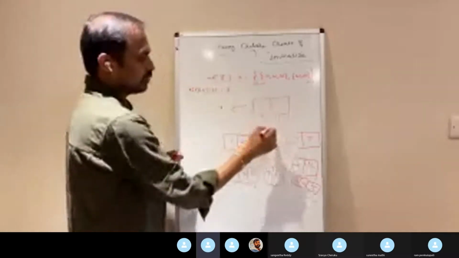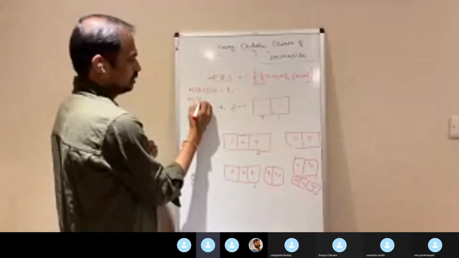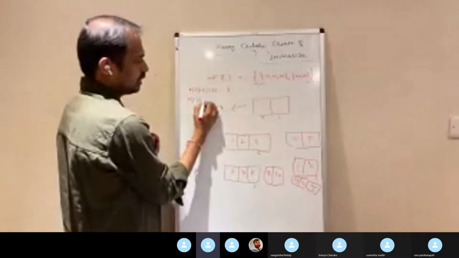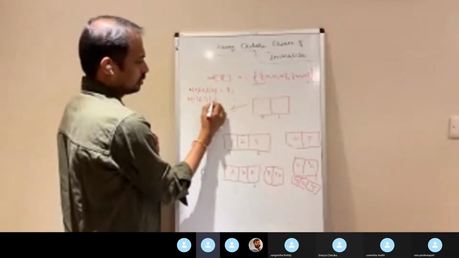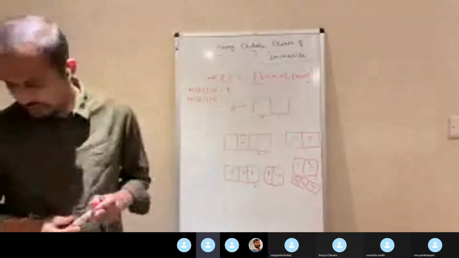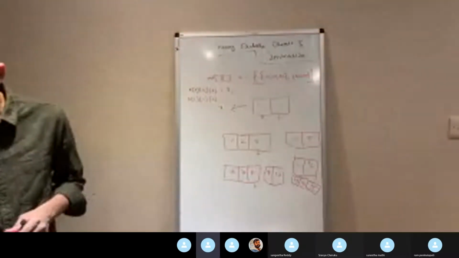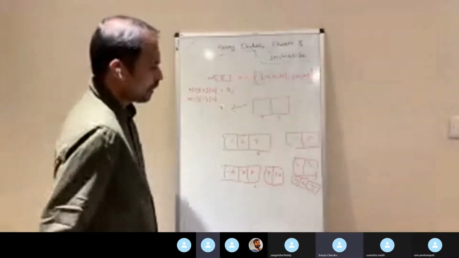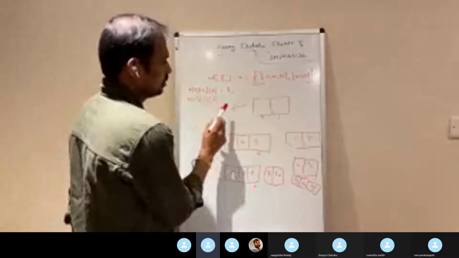What is the value of x of 1 of 1 of 2? Can you understand this one? 12.